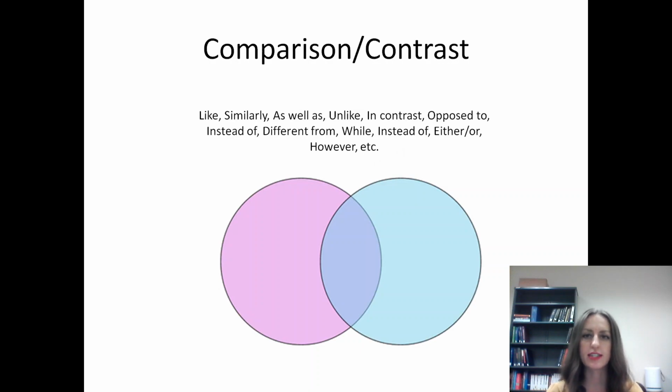Next, we have comparison and contrast. This happens anytime you describe how something is like or different from something else, although there can be distinctions there once we get into talking about similes and metaphors. So comparisons and contrasts are going to use words like similarly, as well, unlike, in contrast, opposed to, instead of, different from, while, either or, however, etc., right?